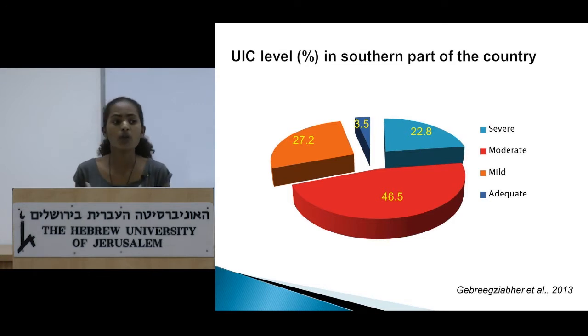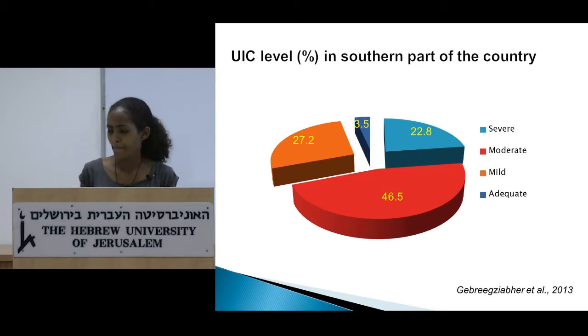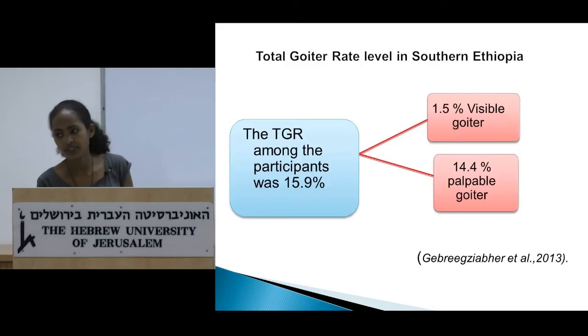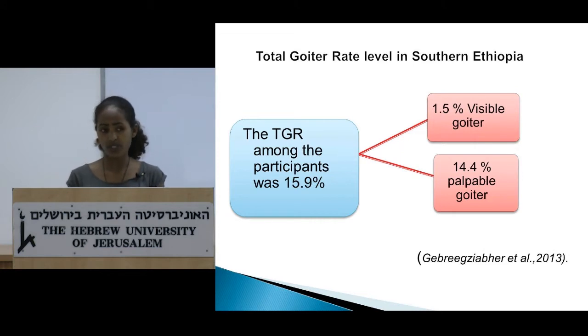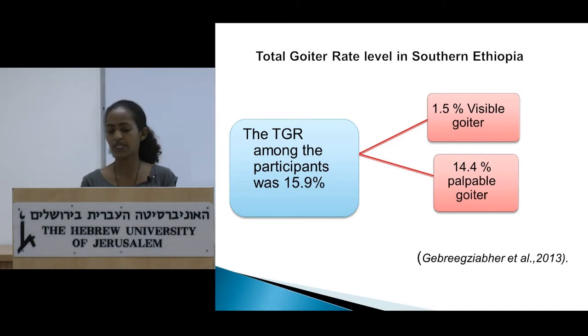Among all the participants, only 3.5% of the women had an adequate iodine concentration. From the same study, the total goiter rate among the participants was 50.9%. 1.5% of the women had a visible goiter, and 40.4% had a palpable goiter.